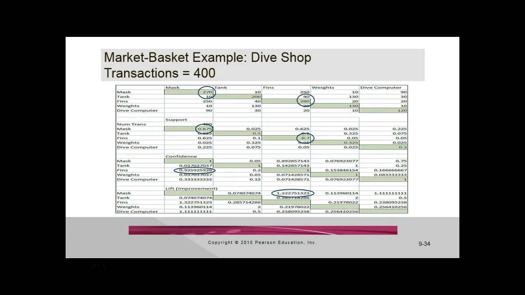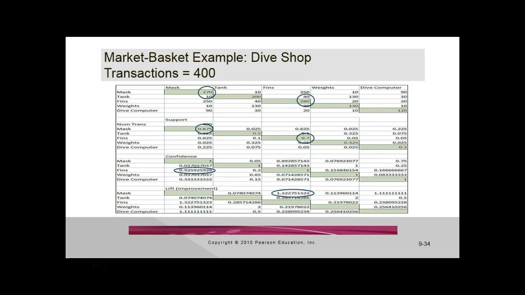We can now look at it as a conditional probability. For example, of the 270 mask transactions, how many included fins? If someone bought a mask, how many of them included fins as well?